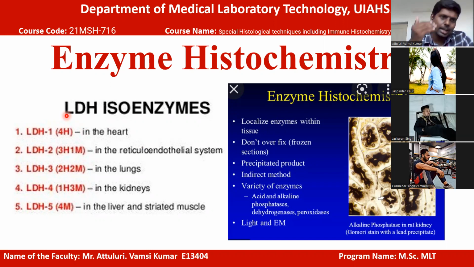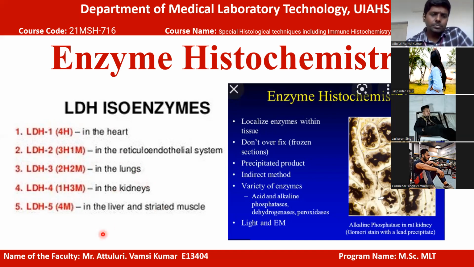Usually LDH1 is prominently seen in the heart. LDH2 is prominently seen in the reticuloendothelial system, that means the phagocytic cells, the white blood cells. Whereas LDH3 is seen in lungs, LDH4 is seen in kidneys, and LDH5 is seen in liver and striated muscles.